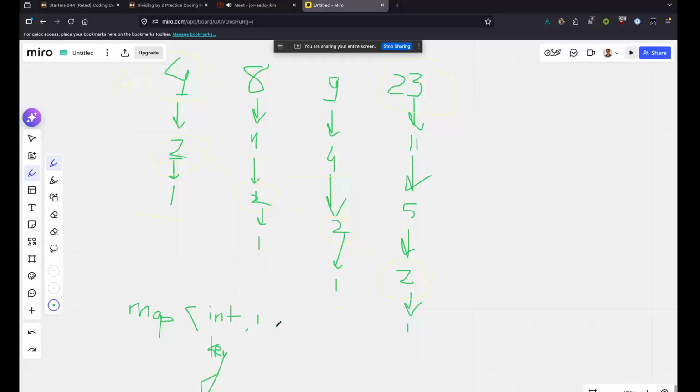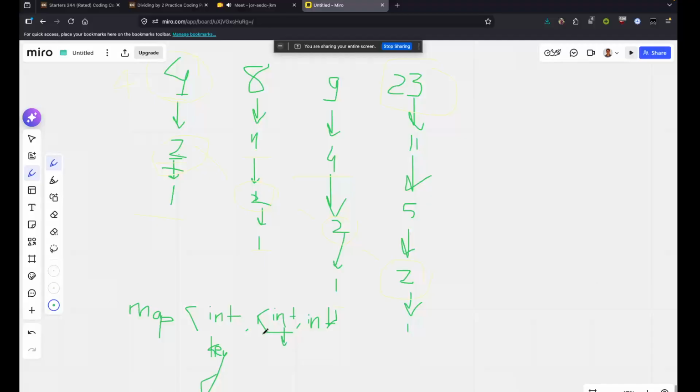The first part of the pair stores the frequency, like how many times these are coming. Like for 2, it is 4. For 4, it is only 3.